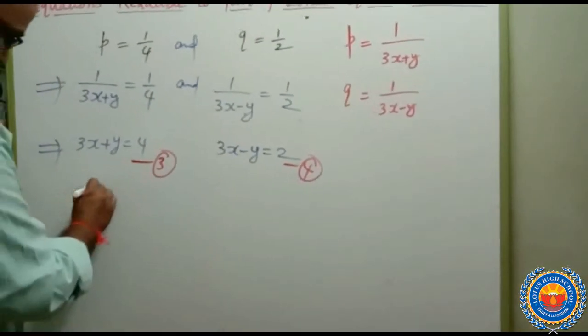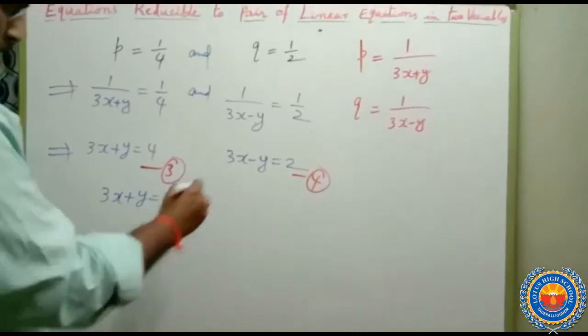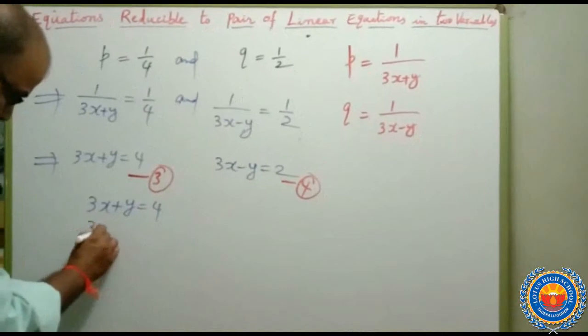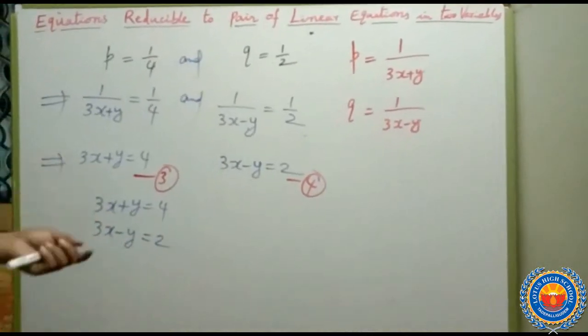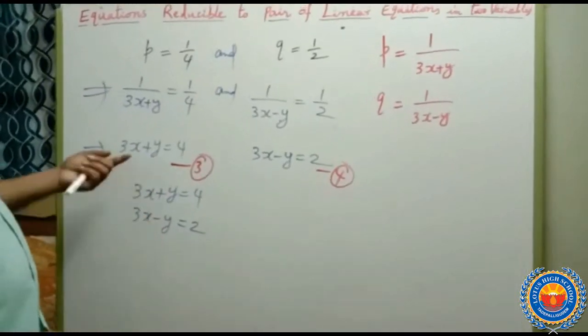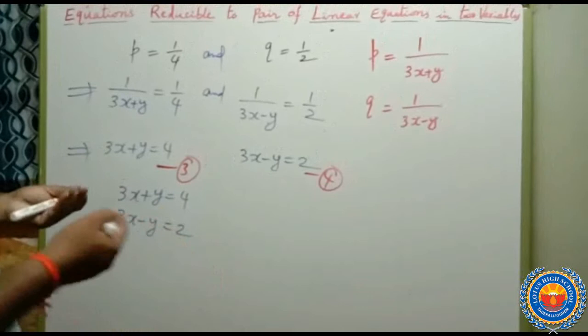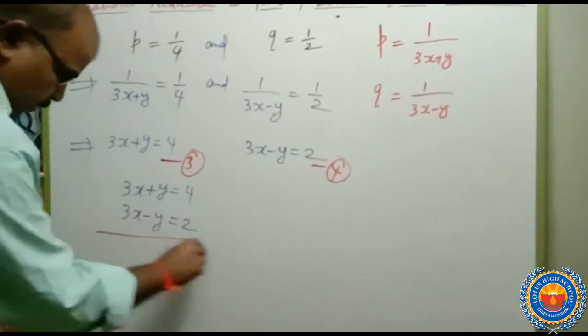What is the first equation? 3x plus y is equal to 4. What is the second equation? 3x minus y is equal to 2. We need to multiply with any constant so that we can eliminate either y or x. So I am going to eliminate y.